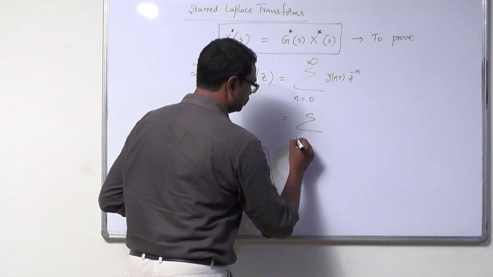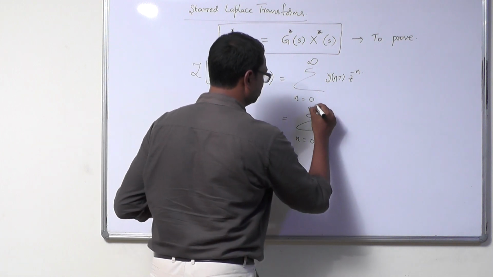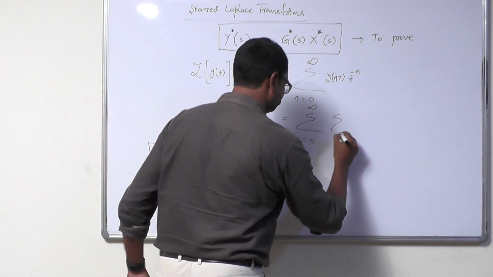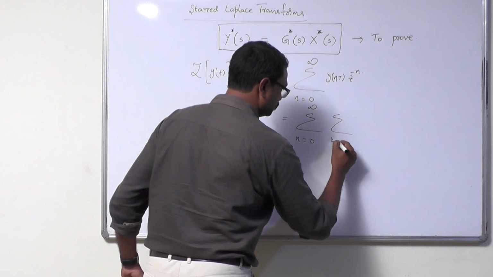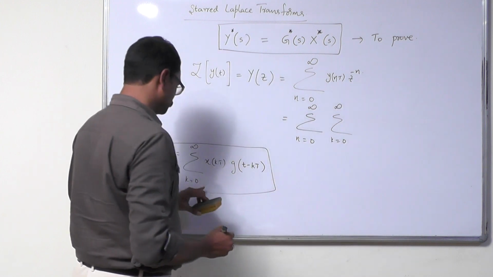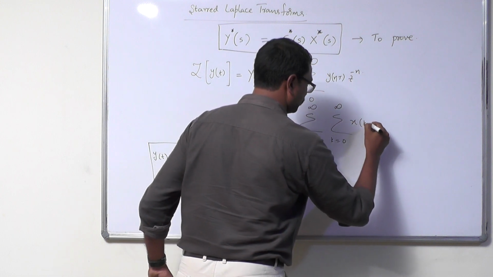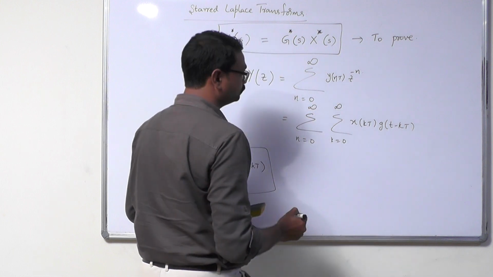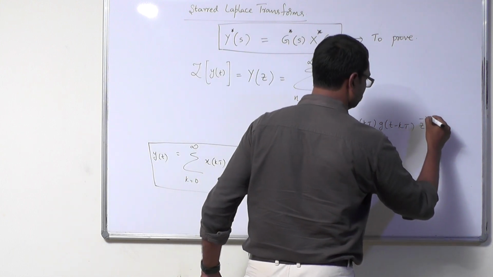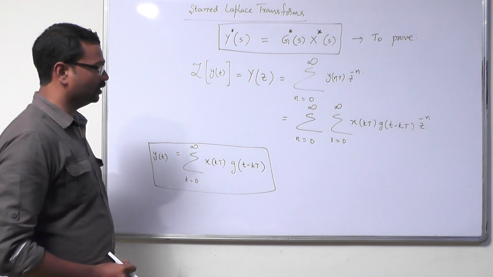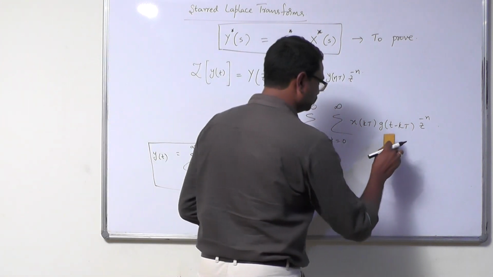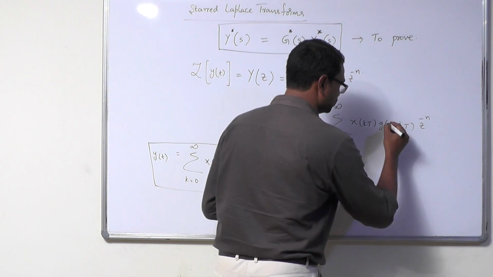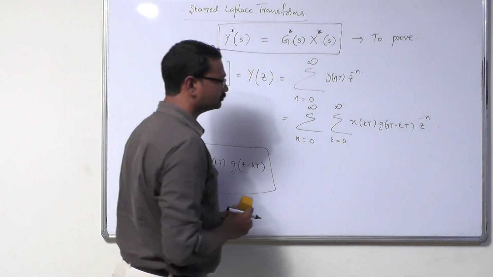Now I will replace y of nt here, that is sigma k 0 to infinity x of kt g of nt minus kt into z power minus n. Now we can say that when we are bringing this into n term, I will use this here as nt.